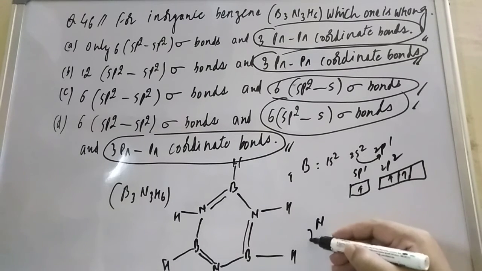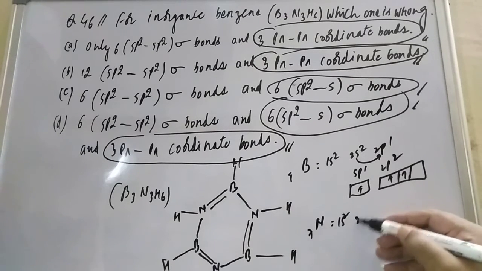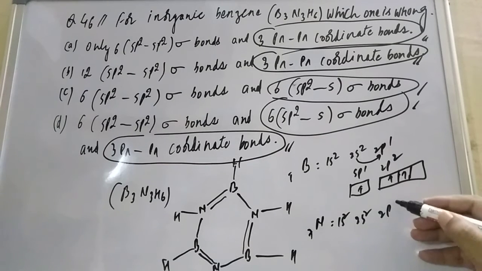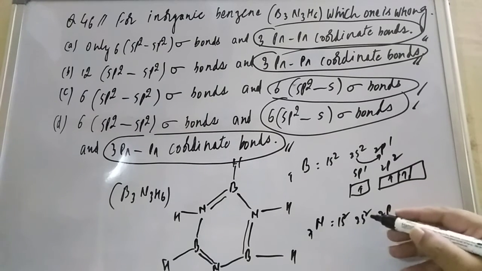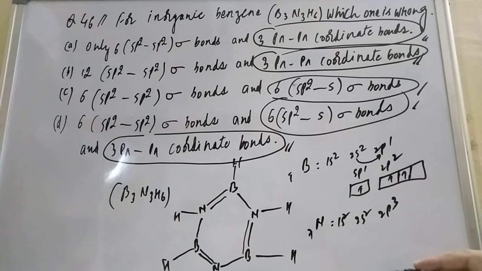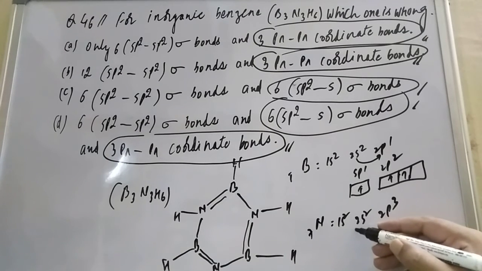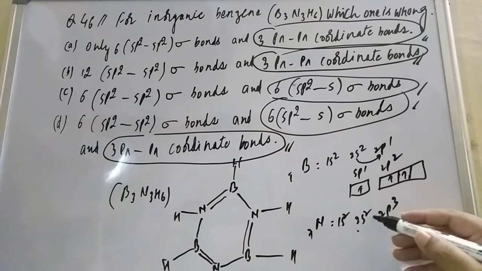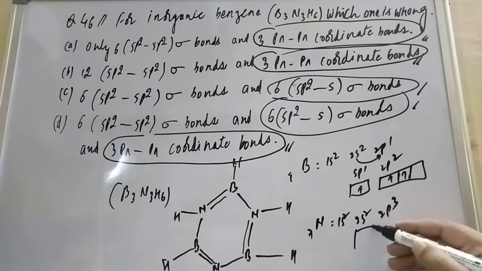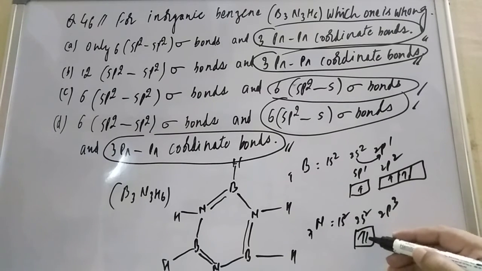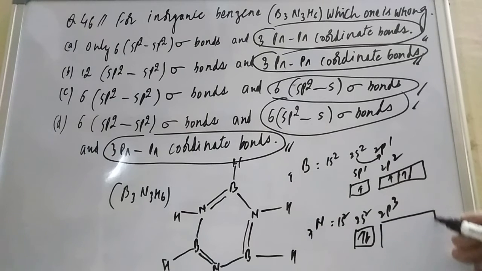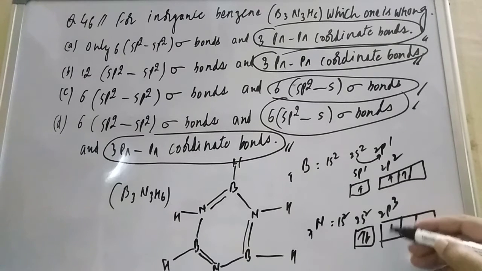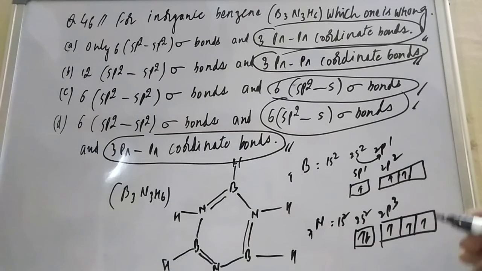If you talk about nitrogen, atomic number 7, students, it is 1s2 2s2 2p3, that is 2, 2, 3, which is 7. Here you see this is the double bond, and here is the nitrogen, with 1 1 1 in the p orbitals. Now what can we conclude from this configuration?